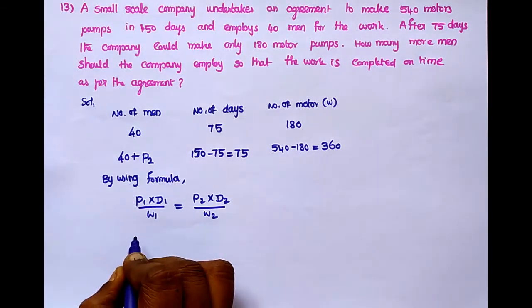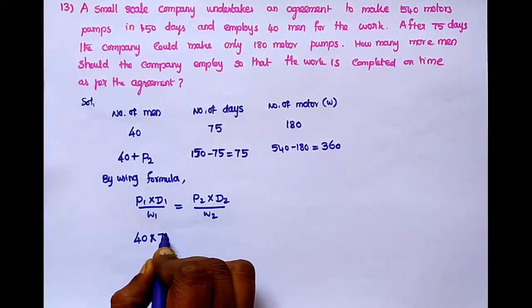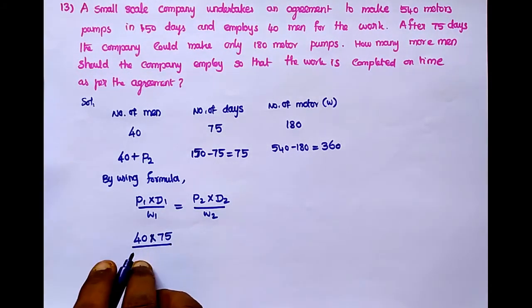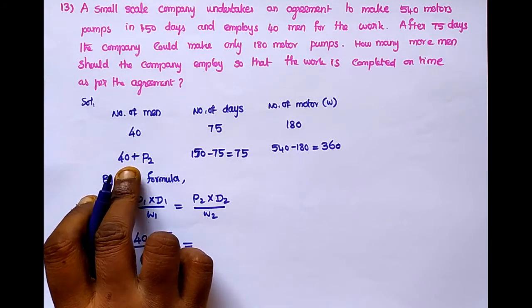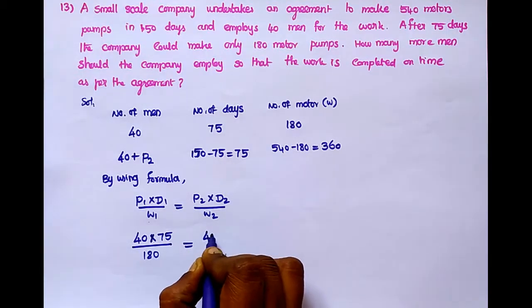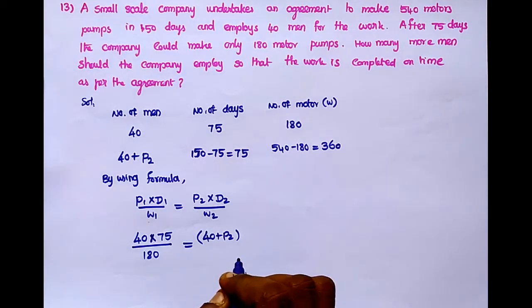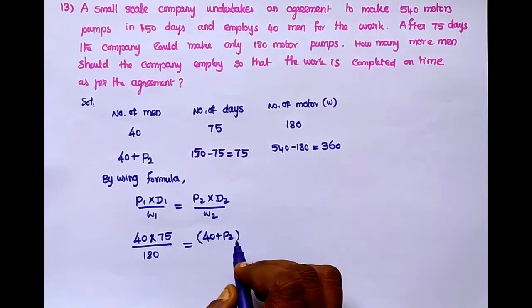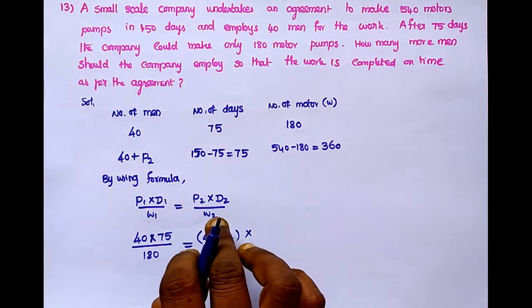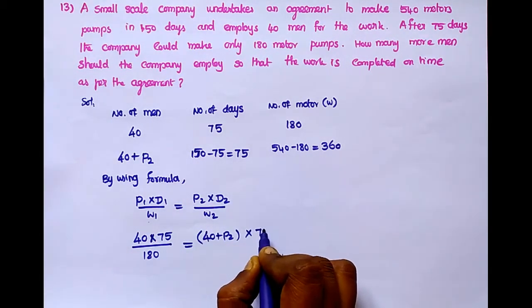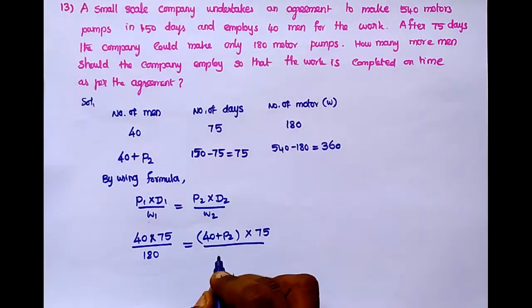Listen, P1 is 40 into D1 is 75 divided by work 1 is 180 equals P2, that is 40 plus P2, into D2 is 75 divided by 360.